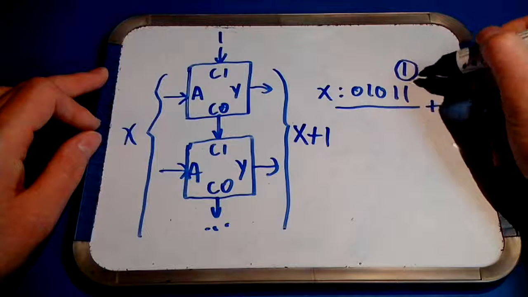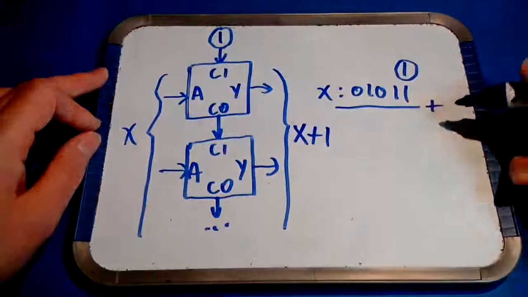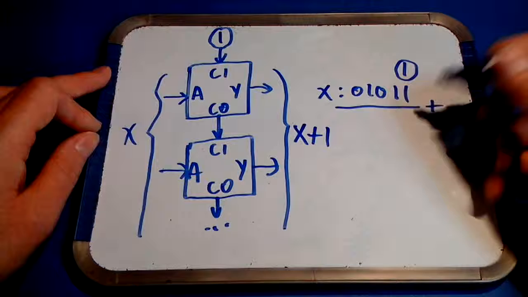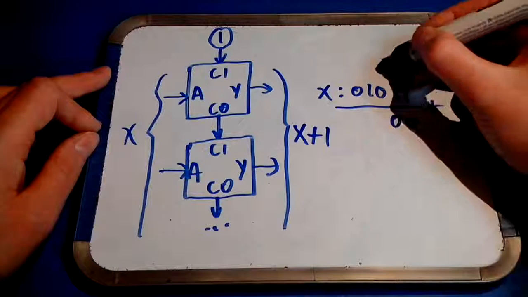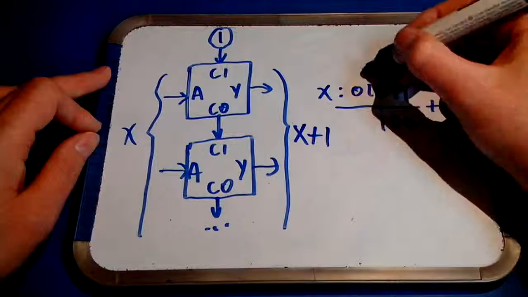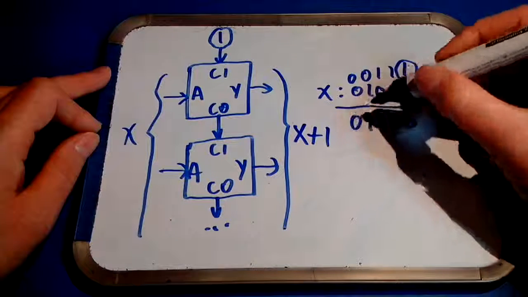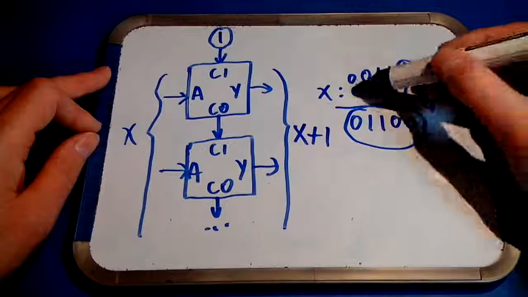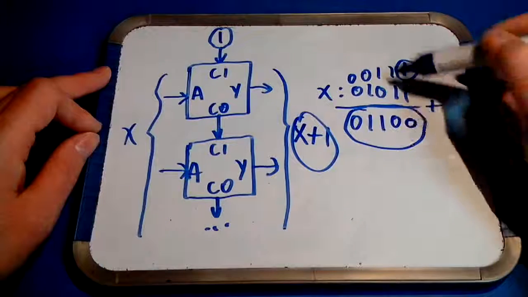So this 1 corresponds to this 1 as the input to this whole module. 1 and 1 modulo 2 is 0, carry a 1, 1 and 1 modulo 2 is 0, carry a 1, 1 and 0 is 1, carry 0, 0 and 1 is 1, carry 0, 0 and 0 is 0. So the result would be this, which is exactly X plus 1. And this number is of course this number.